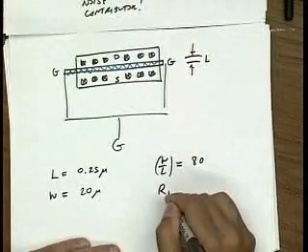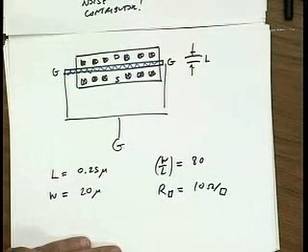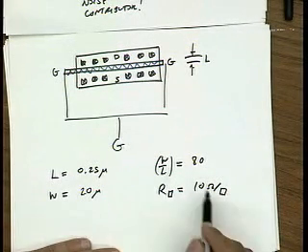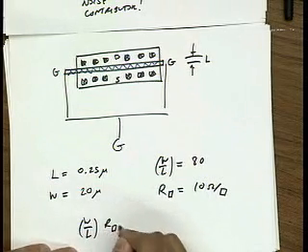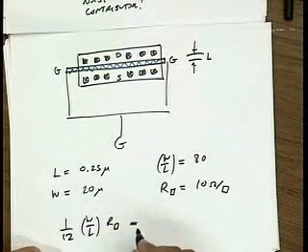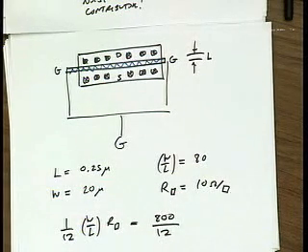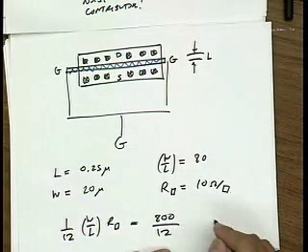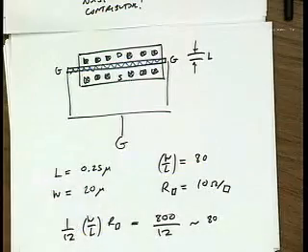And let's say the sheet resistance is 10 ohms per square, right? So then W over L times 1/12, you see, is a pretty large resistance. 800 ohms divided by 12, so order of magnitude 80 ohms.